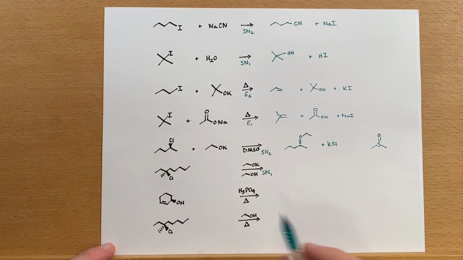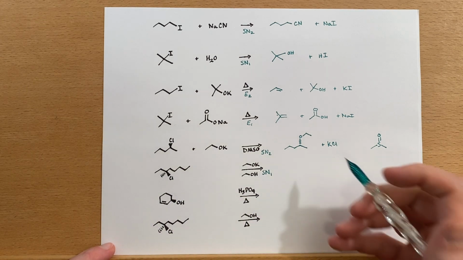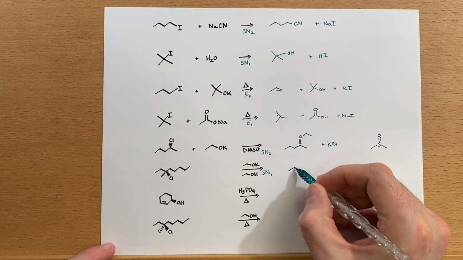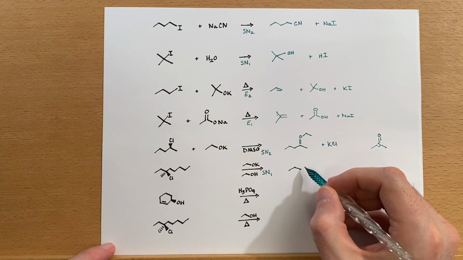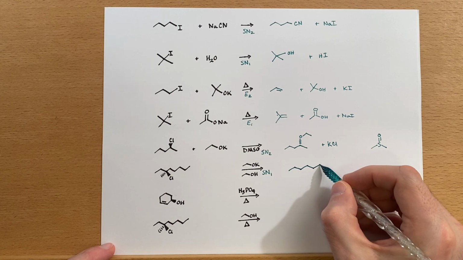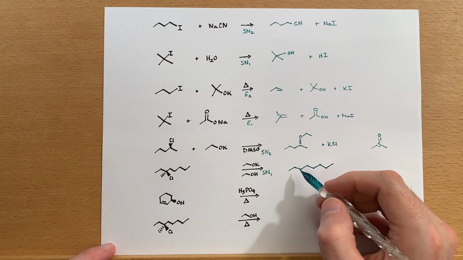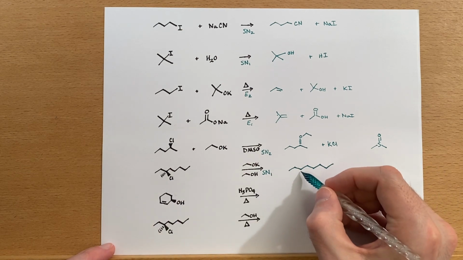And again, we've got a tertiary here. So I suspect that the most common pathway for this is SN1. Now, if we go SN1, we're going to lose the stereochemistry here.